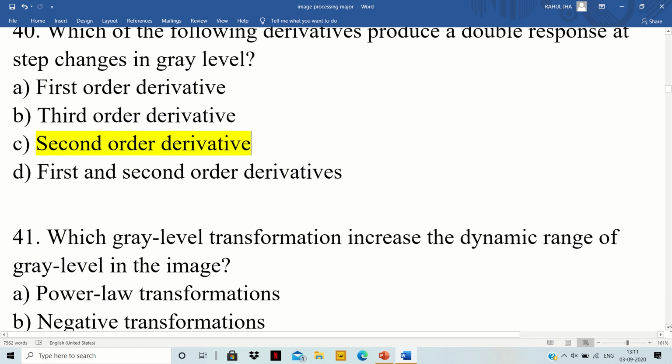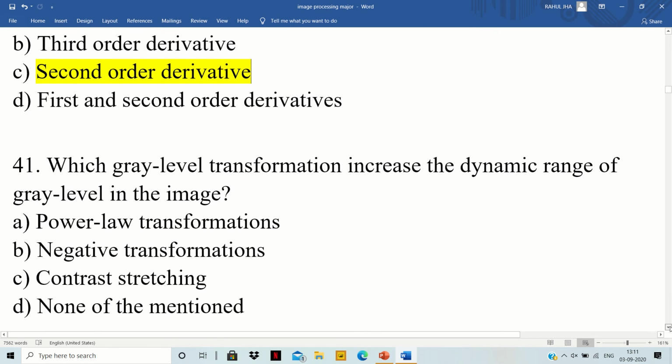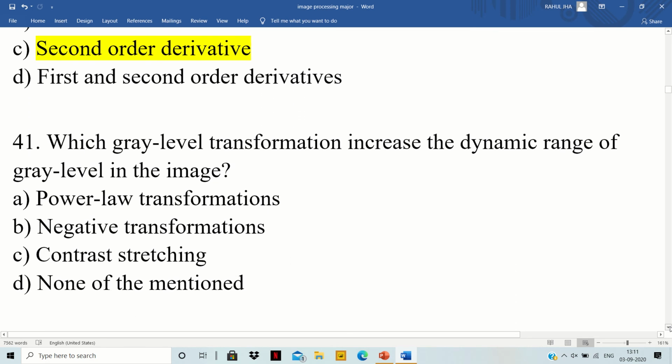Which gray level transformation increases the dynamic range of gray level in the image? The answer is contrast stretching. Why contrast stretching? Contrast stretching is a process in which we are going through a range of intensity values.